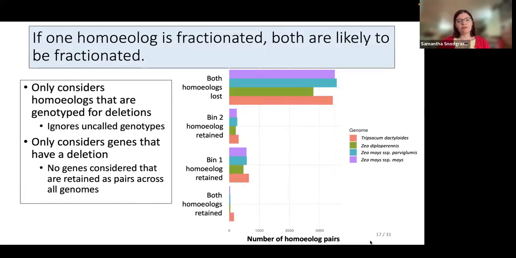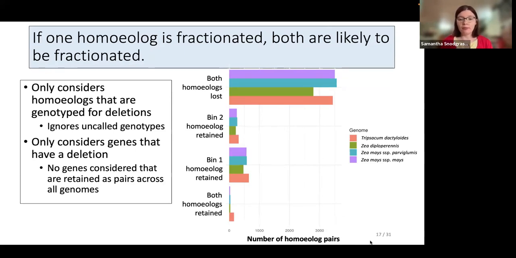So we can first start out by asking ourselves, what is the fractionation status of homologs within a genome? Are they both retained, one lost and the other retained, or both lost? And remember, this is a very coarse analysis where if there is a deletion detected within that homolog, it is considered lost.